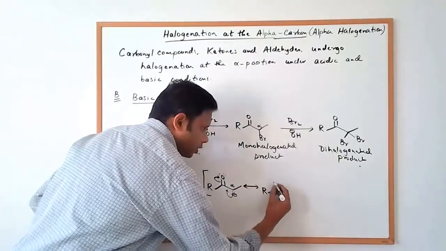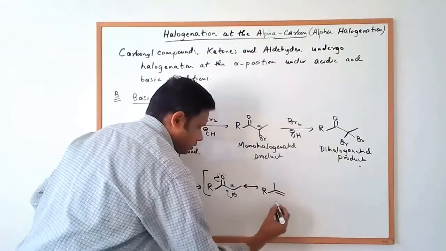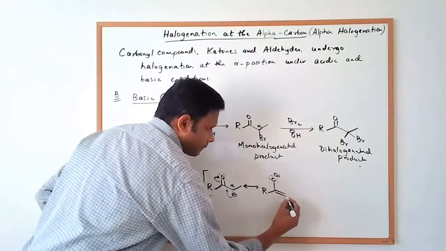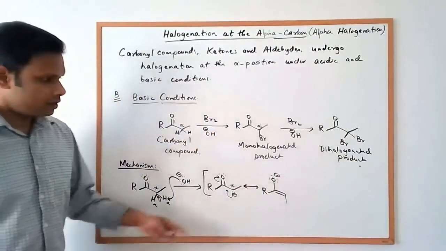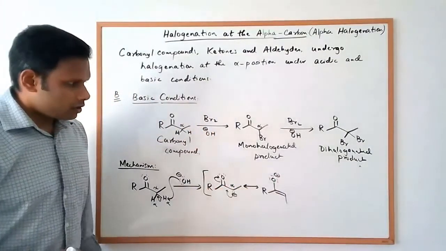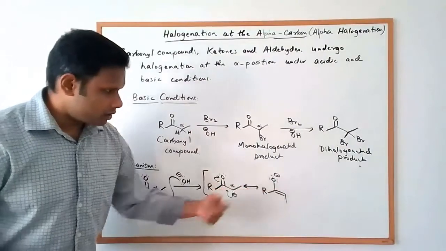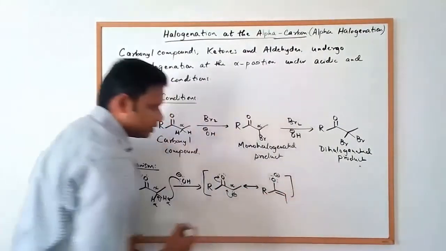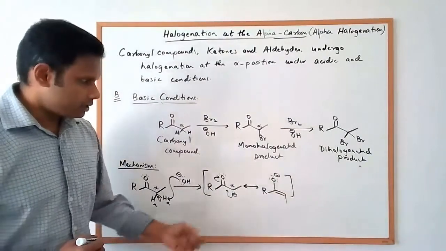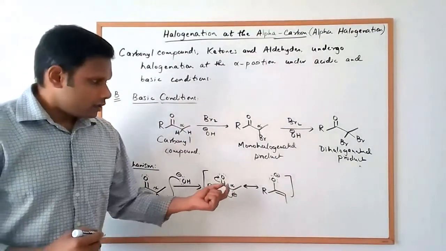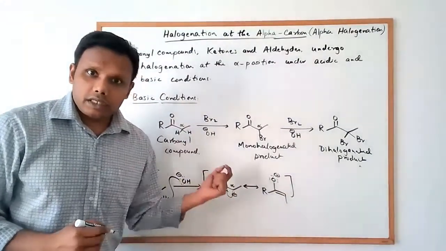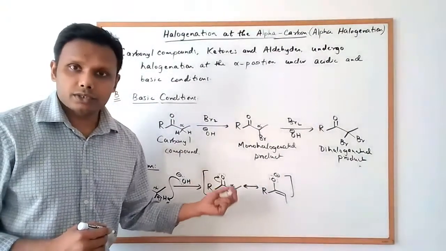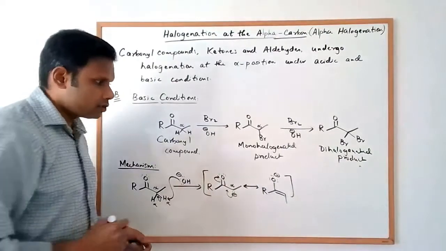So we can draw the major resonance form here, which is going to be that. Okay, so we can draw the resonance stabilized form of this enolate. So that's the enolate. It is resonance stabilized, and under acidic conditions, the enol served as the nucleophile, and under basic conditions, the enolate would serve as the nucleophile.